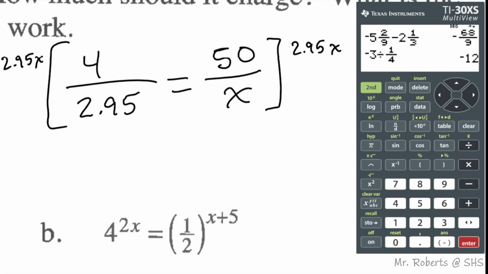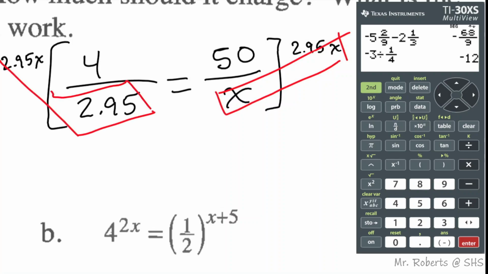Over on the right-hand side, there's going to be this x over this x, which forms a 1. And over here, 2.95 divided by 2.95 forms a 1. So those are gone, and on the left-hand side this equation becomes 4x is equal to, calculator time. I've got a calculator on the screen already. Will this work if I go 50? Nope.